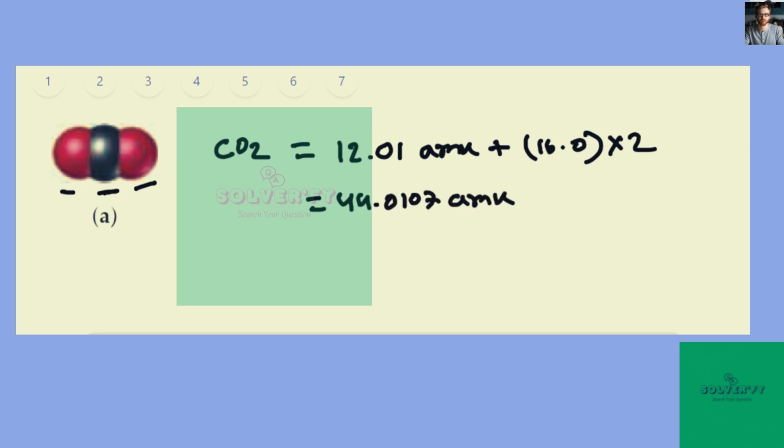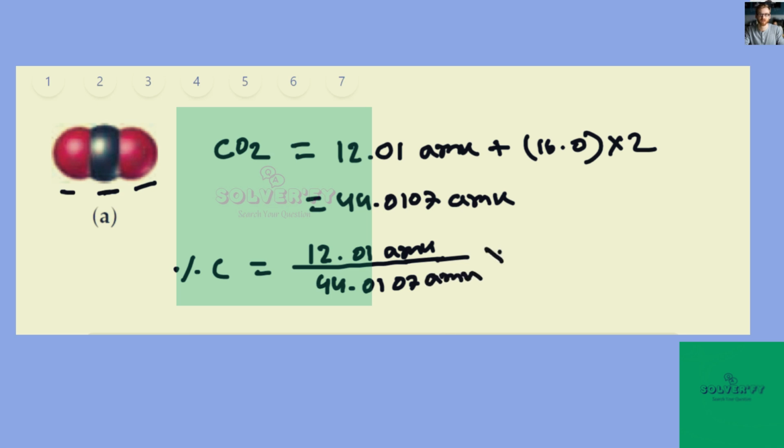That will give us a value of 44.0107 atomic mass units. Then we can find the percentage of carbon in CO2 by just putting the atomic weight of carbon. Since we have only one carbon, we don't have to put the number of carbon present, 12.01, over the formula weight, which is 44.0107, multiplied by 100%.